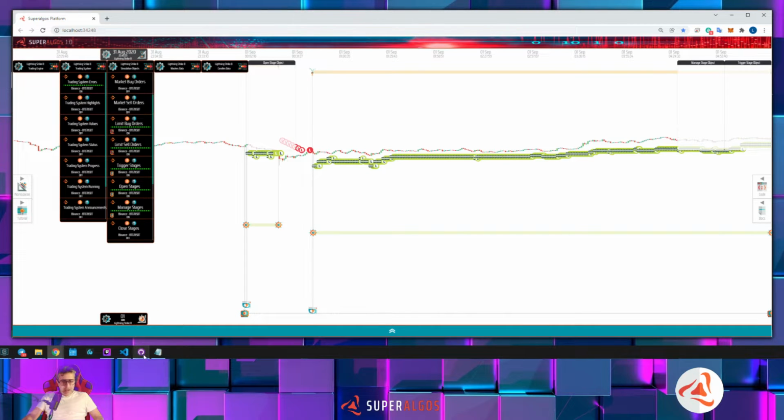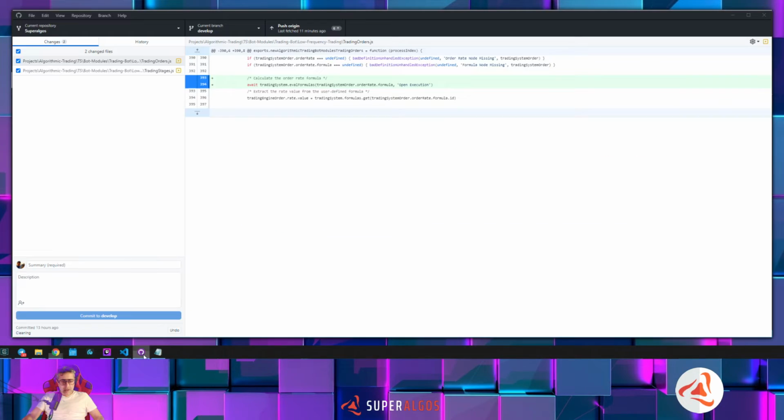So immediately, because we already tested, we're going to commit this. So formulas reorganized.